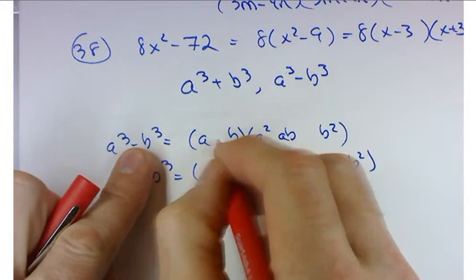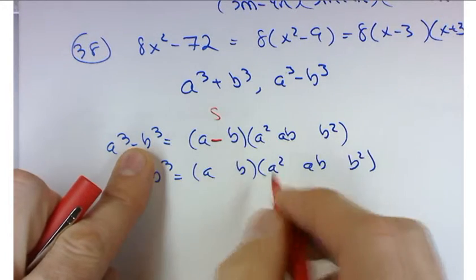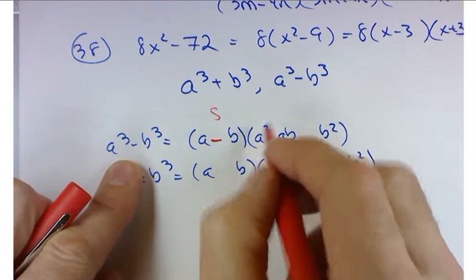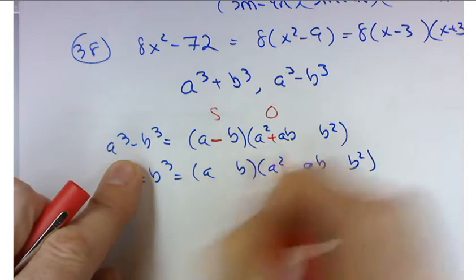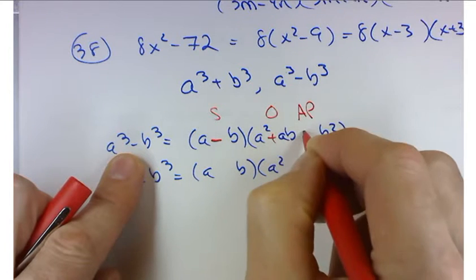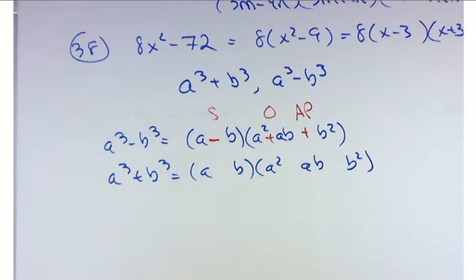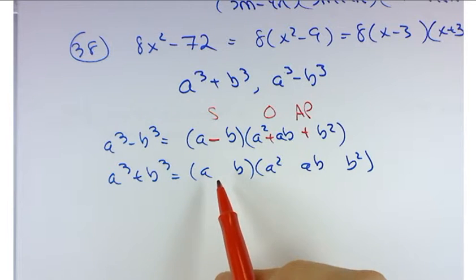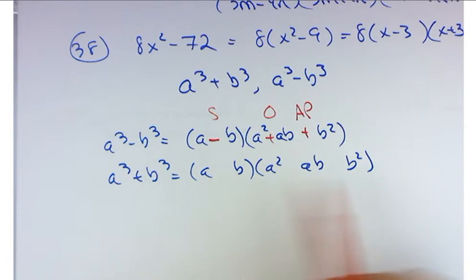These two are always the same. This one and this one are opposite. And the last one is always positive. So, nice little acronym there, right? SOAP. Same sign, opposite sign, always positive. Try and fill in the signs down here now. It's the same kind of formula, just different signs.